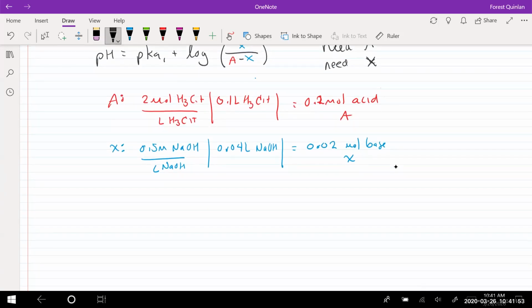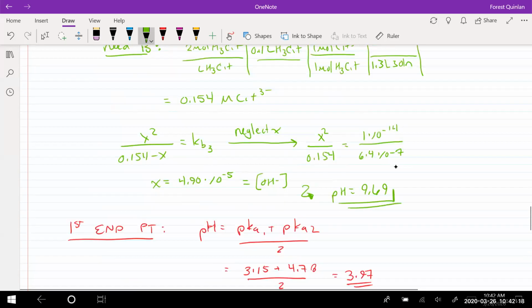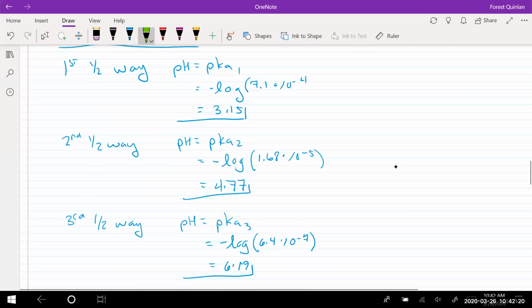So now we can do this at 40 mils. pH is equal to the pKa, which was 3.15. Is that what we wrote? I think so. Yes, it is.